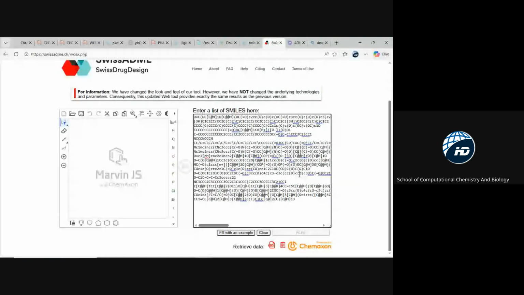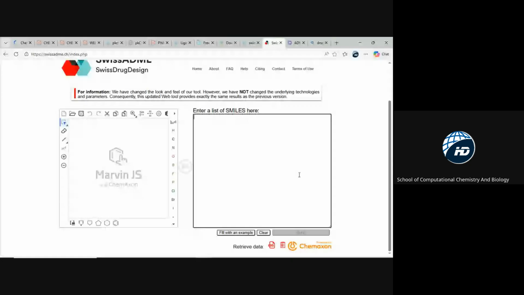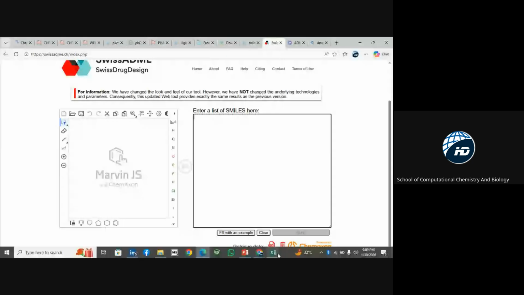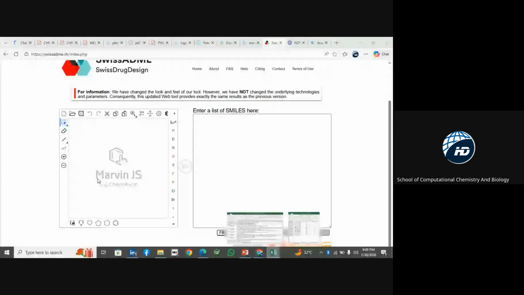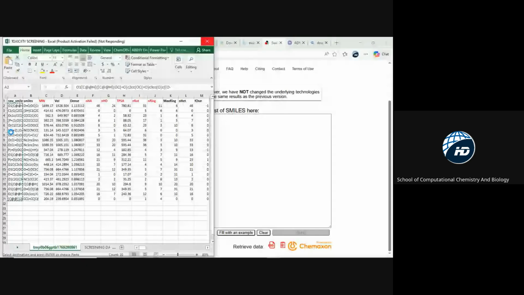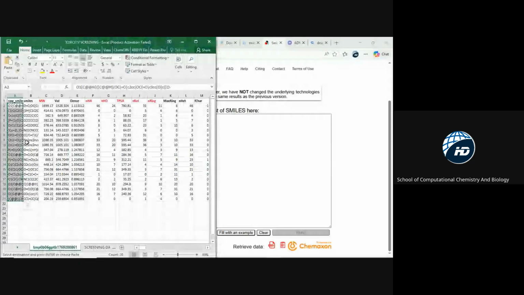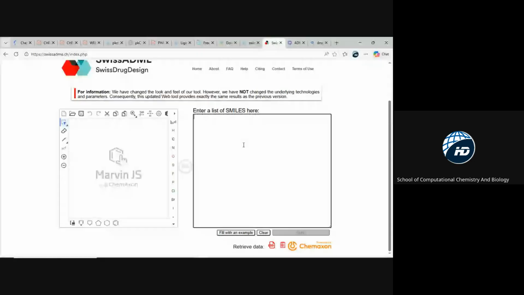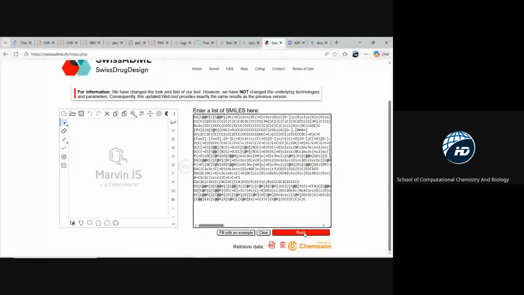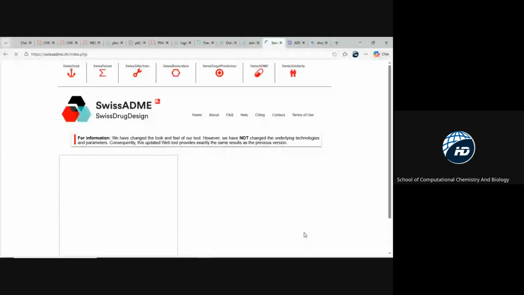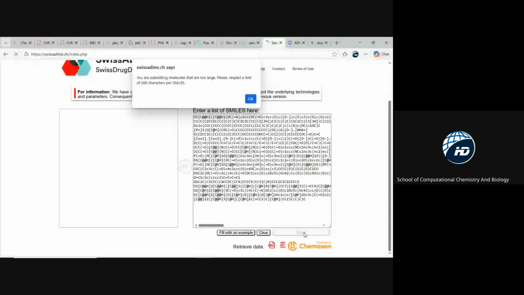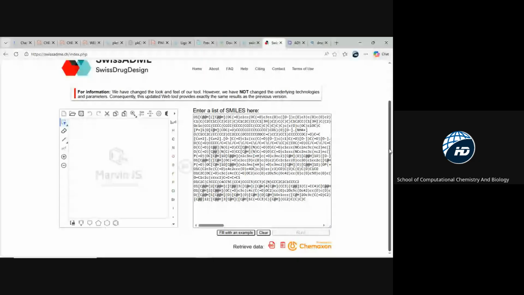So once I copy this whole SMILES code, then I'm going to the Swiss ADMET. I paste the whole SMILES code and I run. It's 20, so let's see how fast it will be. You are submitting molecules that are 2.